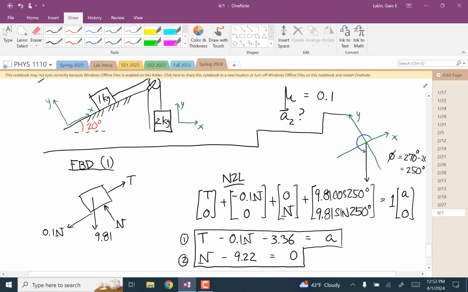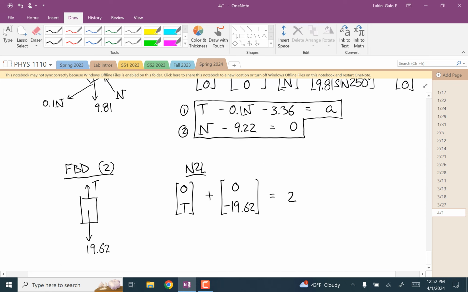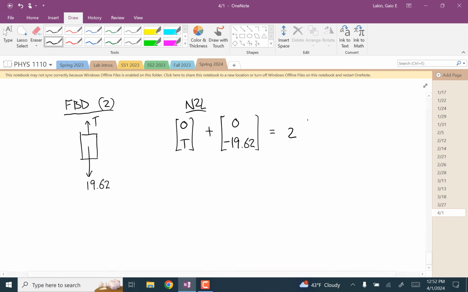Okay, well, if the 1 kilogram mass moves an inch in its positive direction, where does the 2 kilogram mass go? Down, an inch down. So we're going to write this as 0, negative a. And so our third equation says T minus 19.62 is equal to negative 2a.